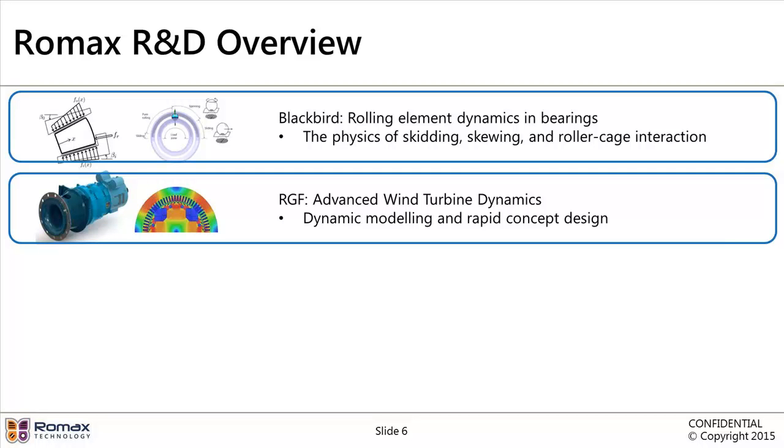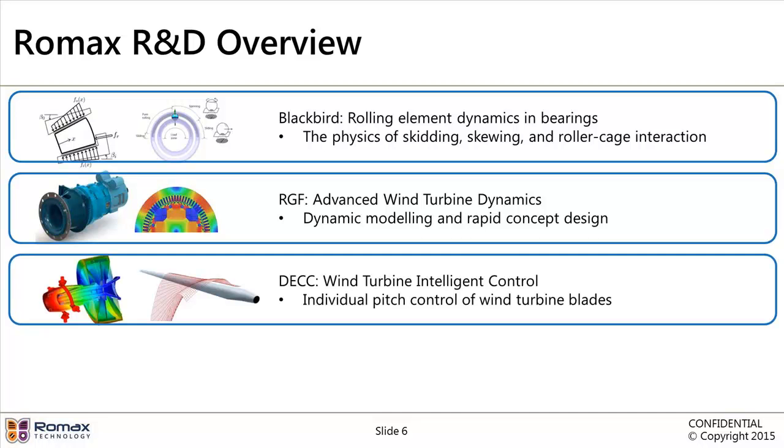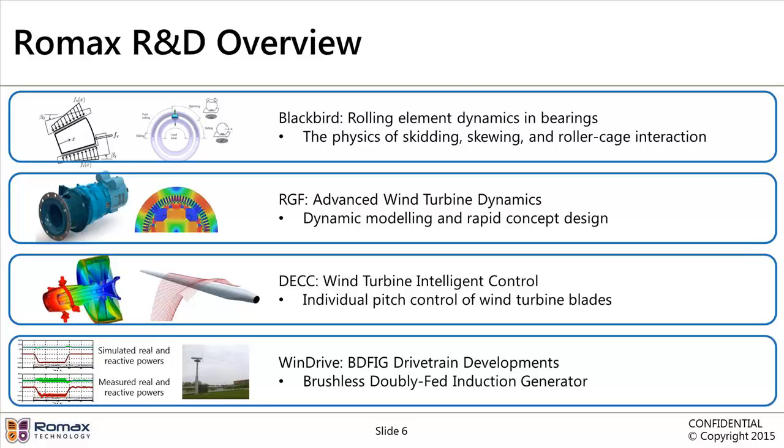We have some wind turbine projects as well. The RGF project is looking at a wind turbine drivetrain, in particular what effect excitations from the gearbox have on the generator and vice versa. The purpose of the DEC project is to reduce the overall load on the wind turbine by controlling the pitch of the wind turbine blades individually, rather than all moving at the same time.